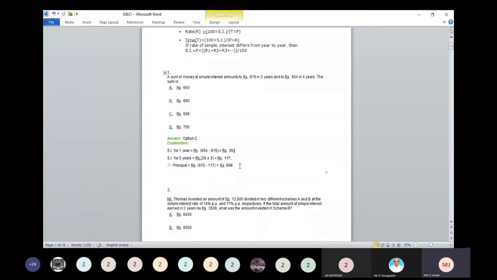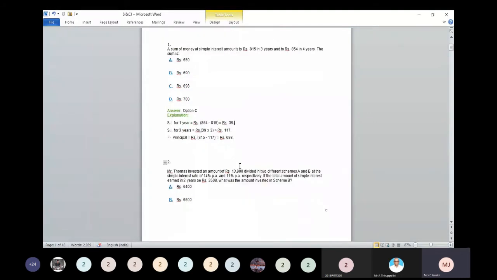This is the principal. You invested this amount initially, and for this amount only, after 3 years you are getting 815. The simple interest for 1 year is 39 and for 3 years is 117.